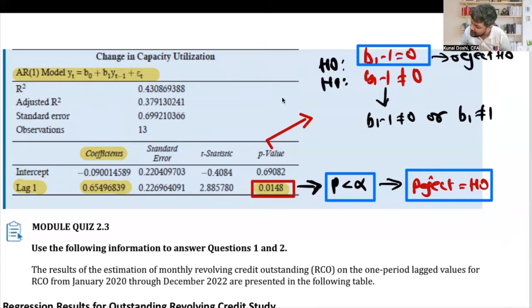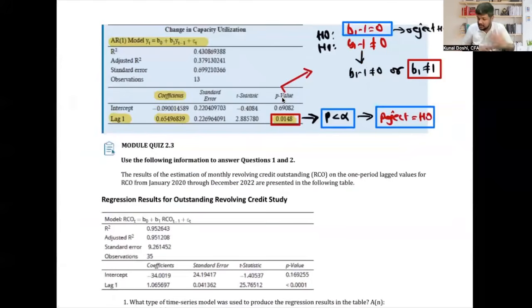This means the model now does not have a unit root problem. Understood, everyone? And therefore, I can say it is covariance stationary. Clear?